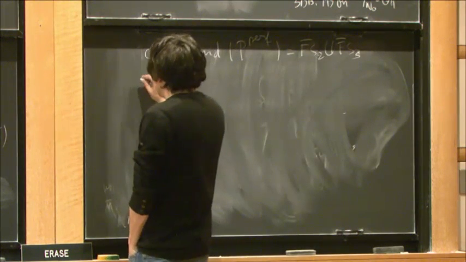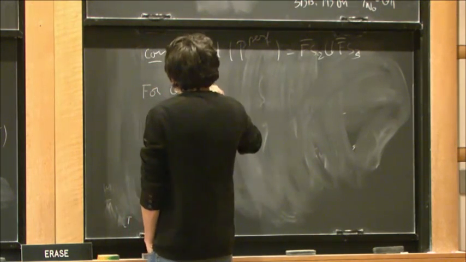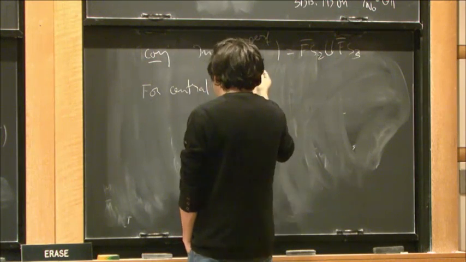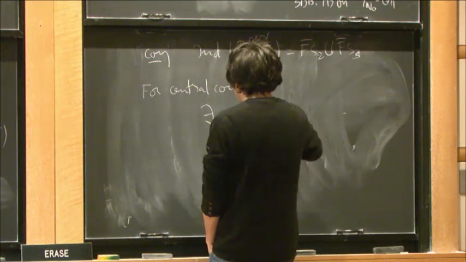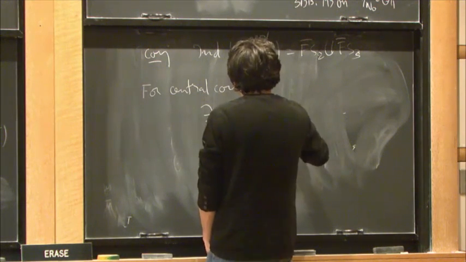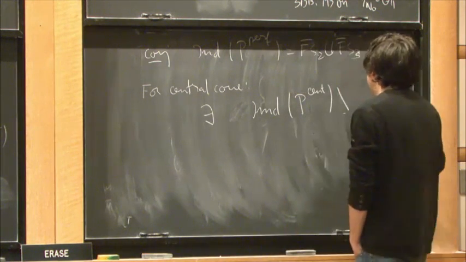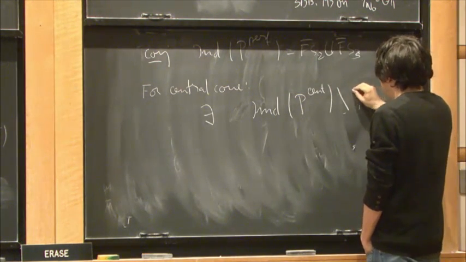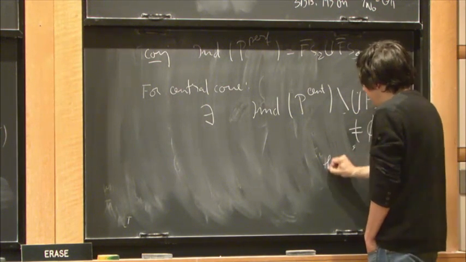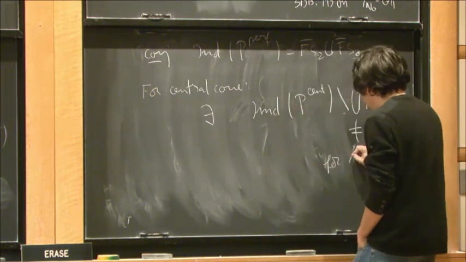And just a final word for the central cone. We have even fewer results, but there exists degeneracy. There exists some point of indeterminacy. So let me say it this way: the indeterminacy of the period map to the central cone, minus the Friedman-Smith locus, the union of the FSn bar, is not empty for g big enough.